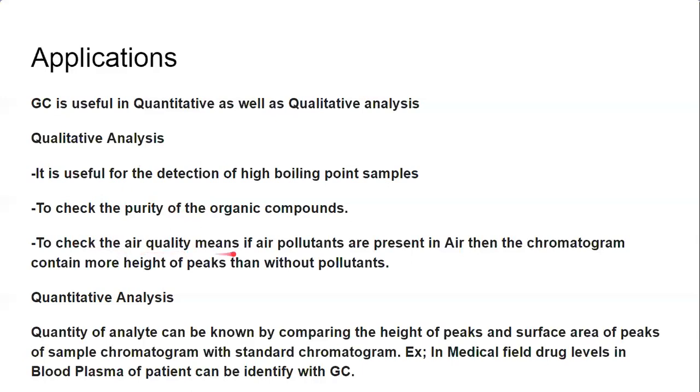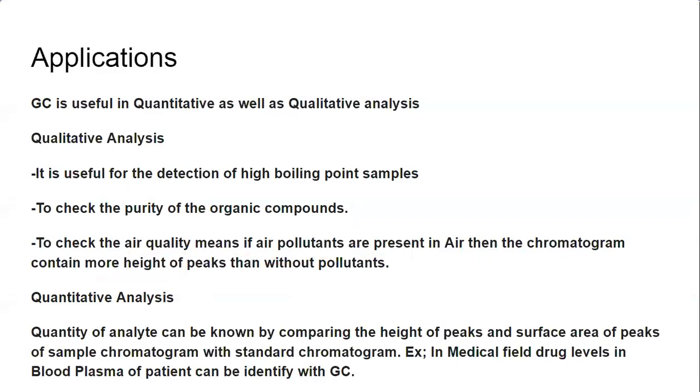To check the air quality means if air pollutants are present in the air, then the chromatogram contains more height of peaks. In previous slides we discussed quantitative and qualitative measurements, particularly in quantitative, with the help of height, width, and surface area of the peaks, we can easily identify the amount.